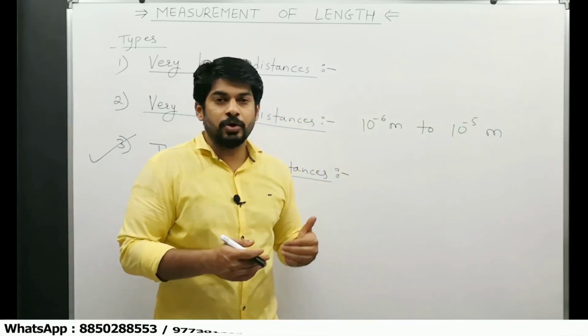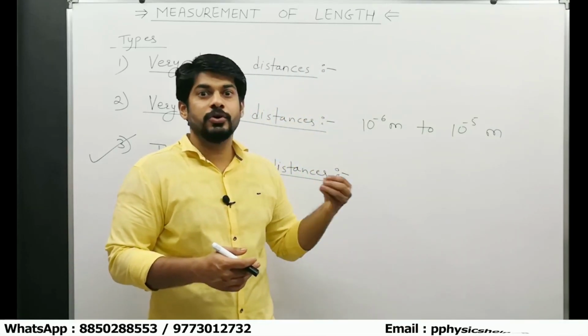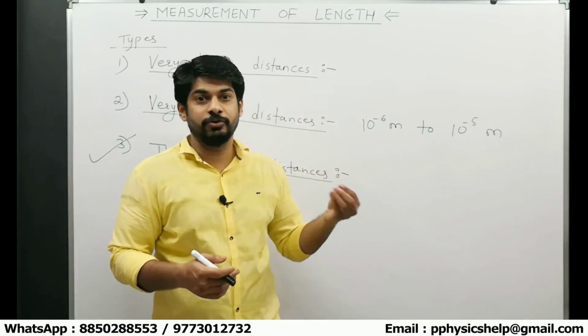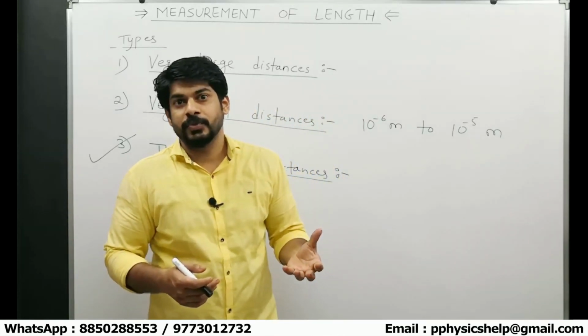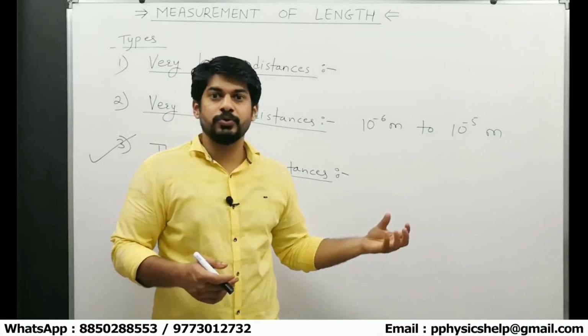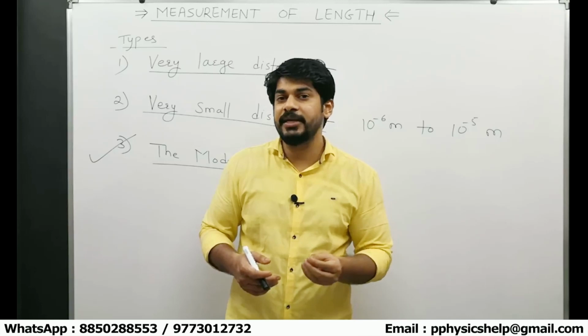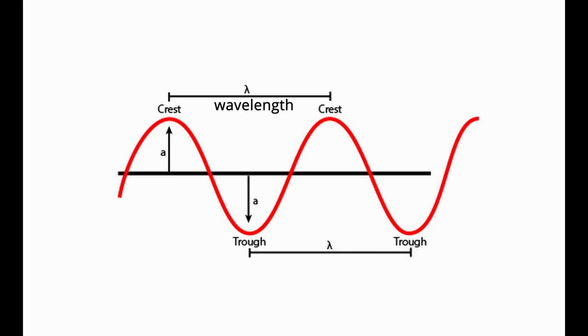Because they work on the principles of light, they work on the principles of illumination. All these microscopes use light. But light is a wave. Light behaves like a wave.